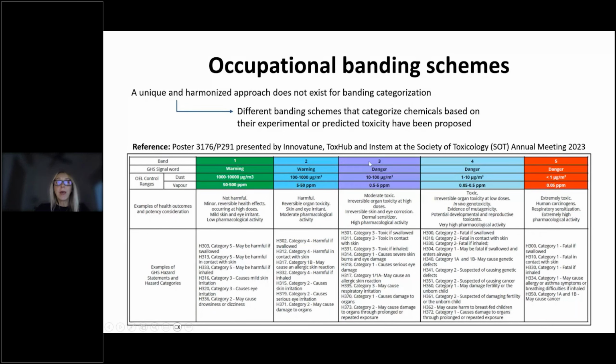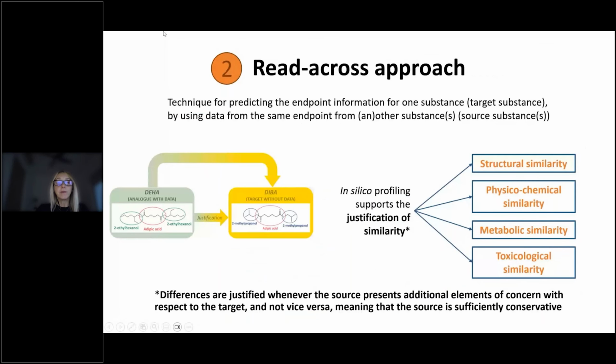As mentioned at the beginning, in silico methods can also support the derivation of quantitative limits through another type of approach, that is the so-called read-across approach. The read-across approach is one of the most widely used methods to fill in data gaps in human risk assessment.